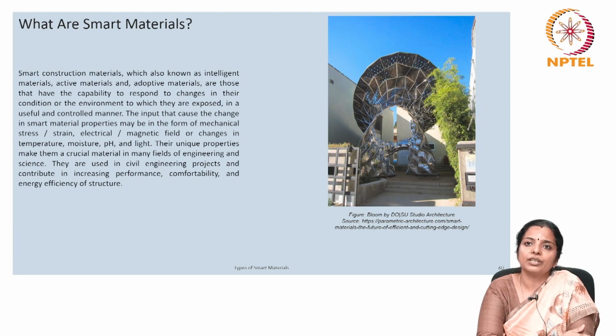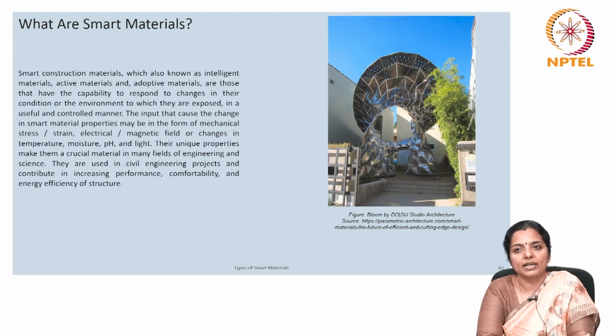The input that causes the change in smart material properties may be in the form of mechanical stress or strain, electrical or magnetic field, or changes in temperature, moisture, pH and light.